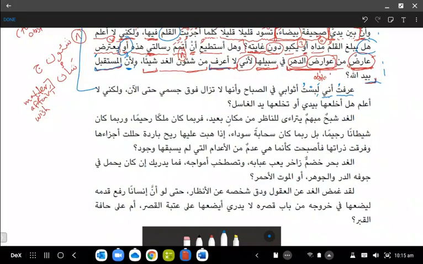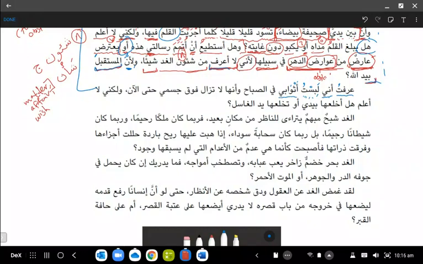So here when you have anni, and now he's used another verb, everything that comes after that will be connected to this verb. So it's word by word. So I knew that I labistu, which means to wear, that I wore athwabi, my clothes. Athwab is the jama' of thawb.